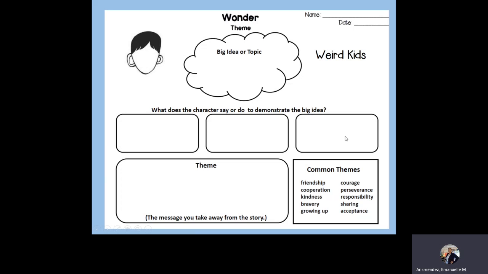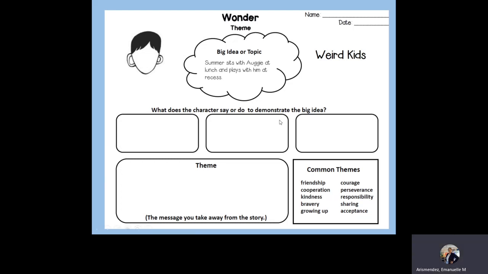So what was the big idea or the topic? If you see right here, what I'm asking you when I say what's the big idea or the topic is just tell me about what happened in the story. And what happened in the story was that Summer sits with Augie at lunch and plays with him at recess.